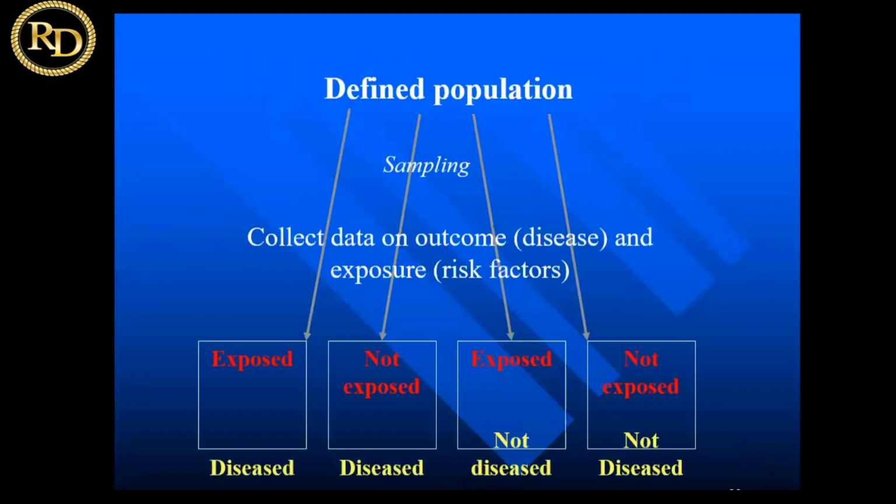In cross-sectional studies, we define the population, do sampling, and check whether there is an exposure or disease, collecting data on the outcome, disease, and exposure or the risk factor. There are exposed people who are not diseased. Like in my neighborhood, when corona was there in Patiala, we had a lot of people who were exposed but they didn't get corona. Then there were people who were not exposed and they didn't get the disease. There were some people who were exposed and they got the disease.